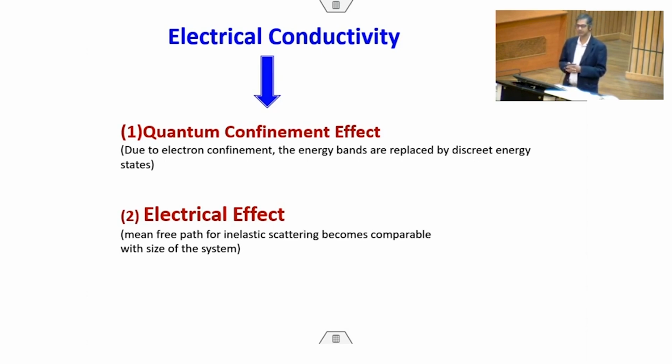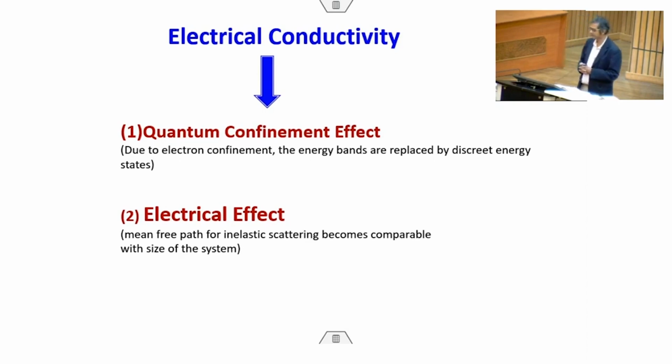That is something which is important in almost all properties of nanomaterials, like electrical, magnetic, thermal, optical and also acoustic properties. The second important thing is the electrical effect, which is nothing but the mean free path of the inelastically scattered electrons becoming comparable to the size of the system.